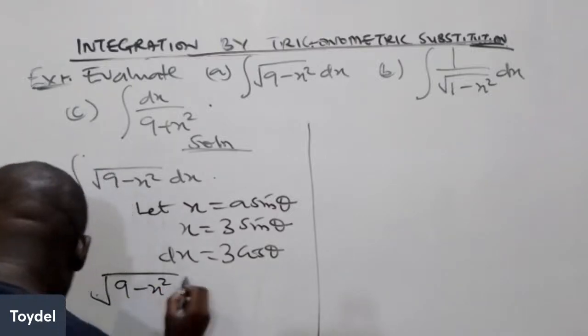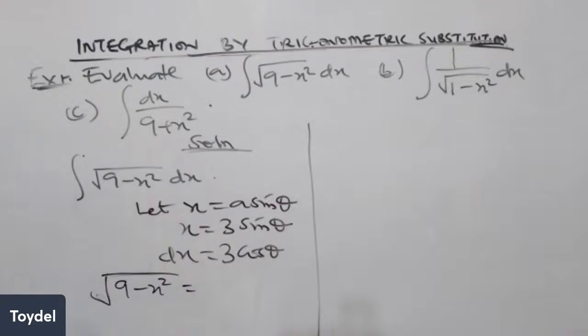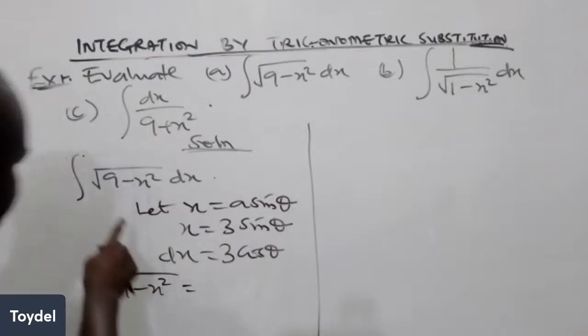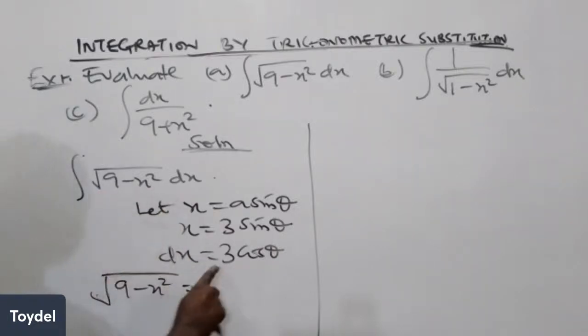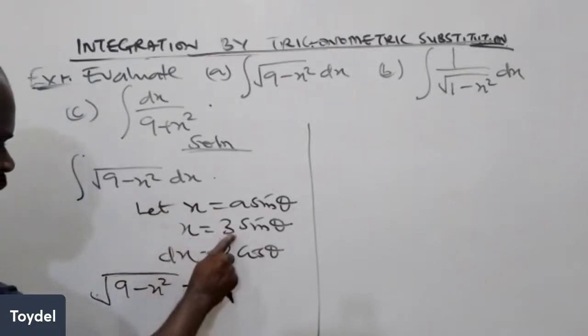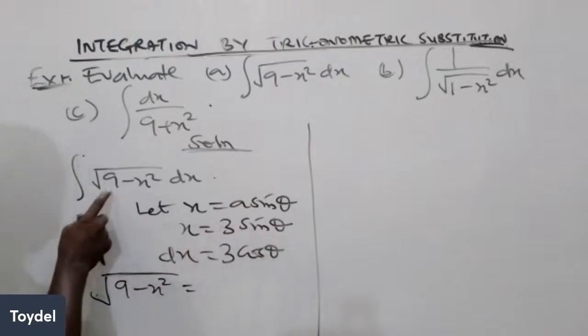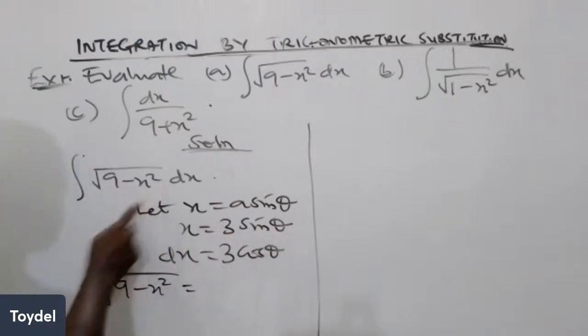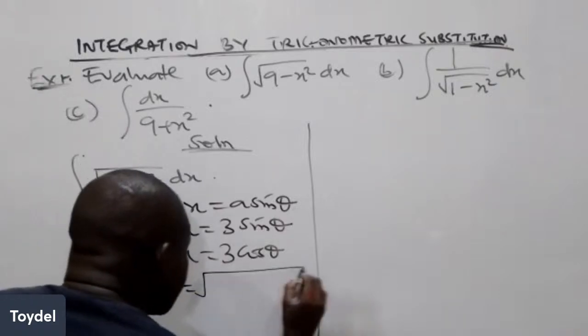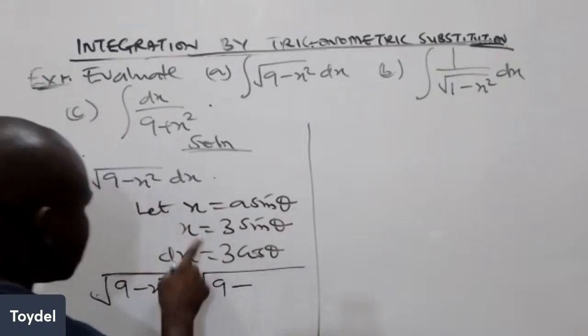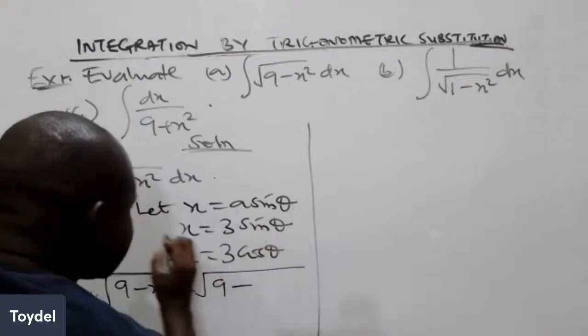Can I rewrite this square root of 9 minus x squared? What I have within, can I still express it in terms of sine? Look, x is 3 sine theta, and I have 9 minus x squared. So what is the implication of this? This will be the same thing as the square root of 9 minus, what is x? 3 sine theta. x is 3 sine theta.